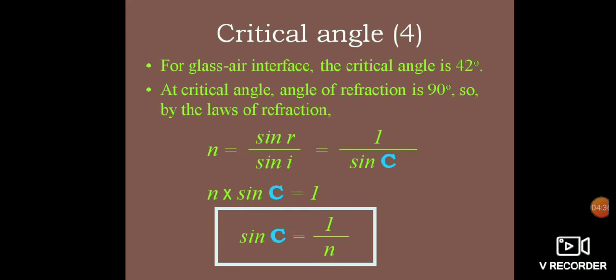At critical angle, the angle of refraction is 90 degrees. So by the law of refraction, n is equal to sin r upon sin i, which is equal to 1 upon sin c. So n sin c is equal to 1, sin c is equal to 1 upon n.